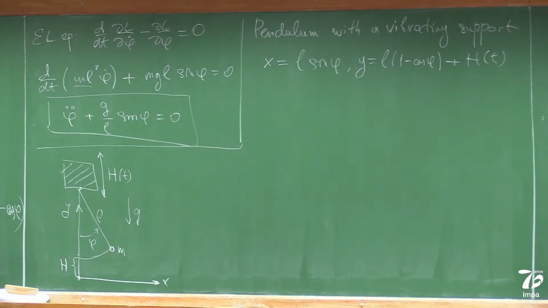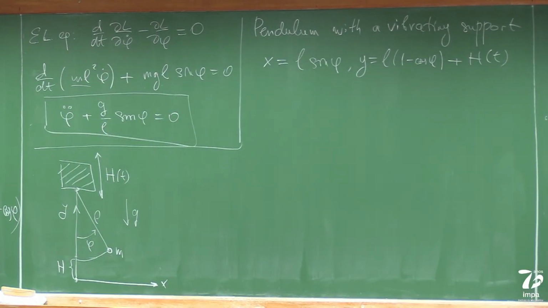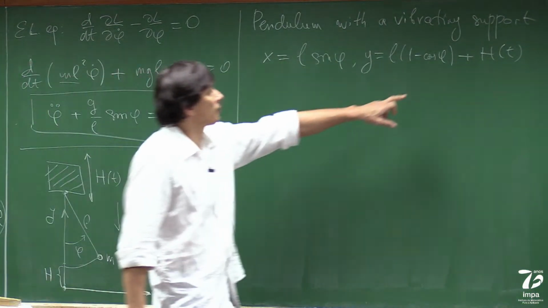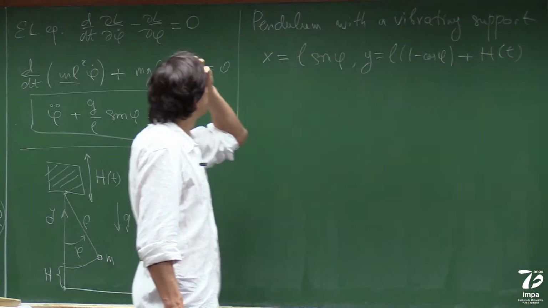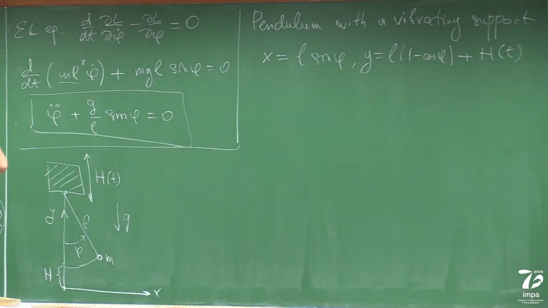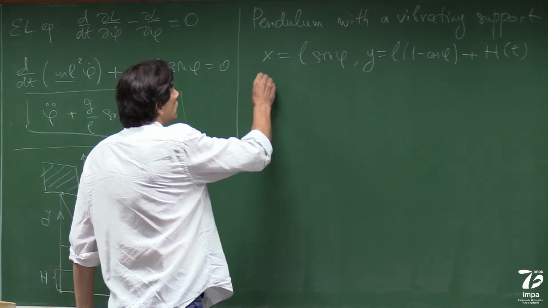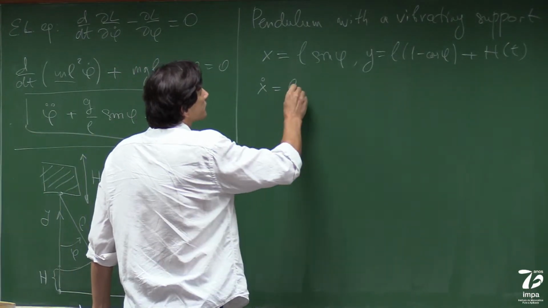These are the same two coordinates that we had before, but we have to add capital H, which is the position of the support. And now we need the velocity, so let's compute derivatives.